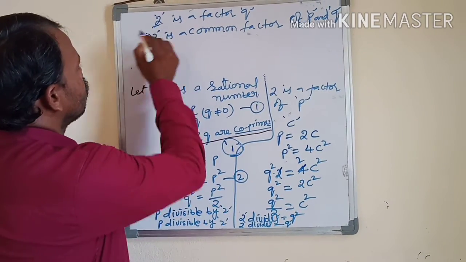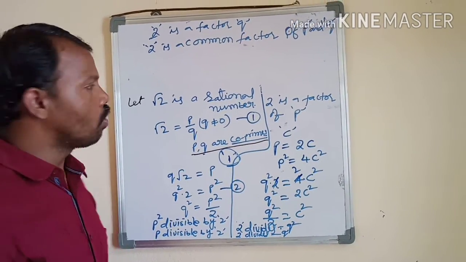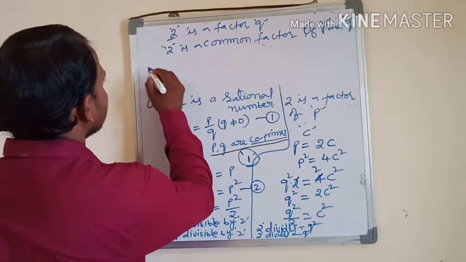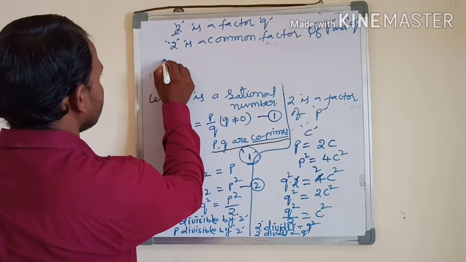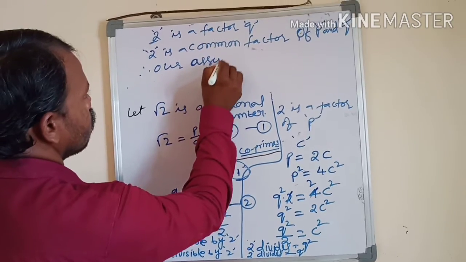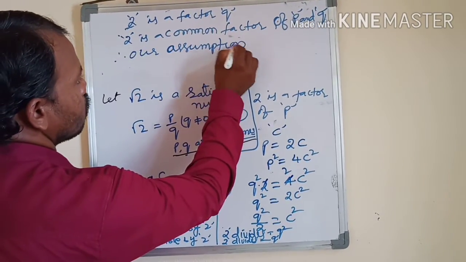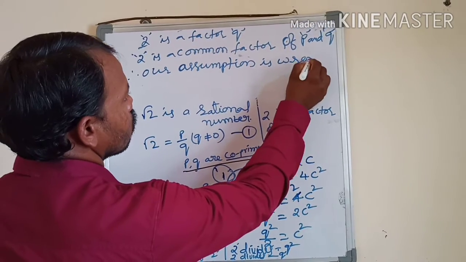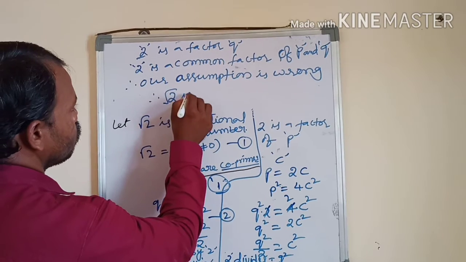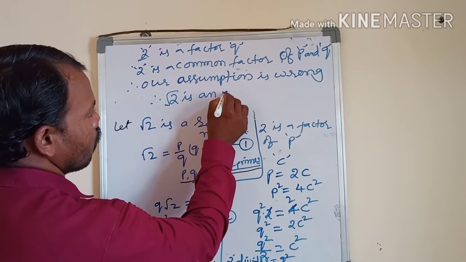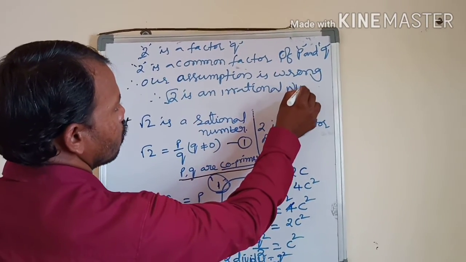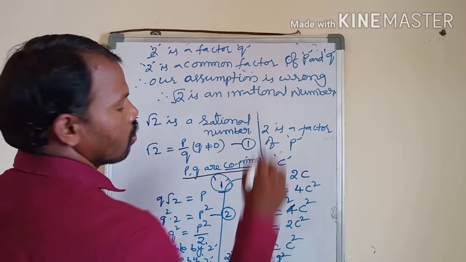But here we are getting 2 as one more factor. Therefore, our assumption is wrong. Therefore, root 2 is an irrational number.